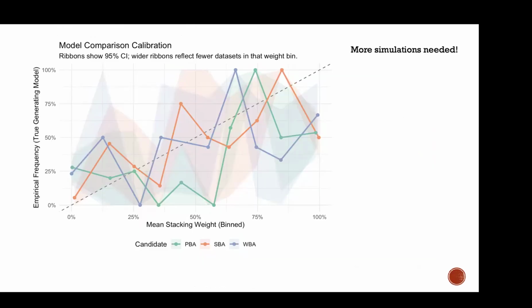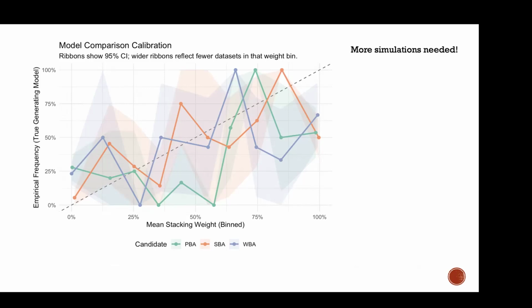When we look at calibration, do you remember what calibration was for model recovery? Because I forgot, so when I was doing these slides, I had to go and look it up again. So the idea is that we look at the weight of the model, and then we say when a model has a weight of 20%, we expect it to be right 20% of the time.